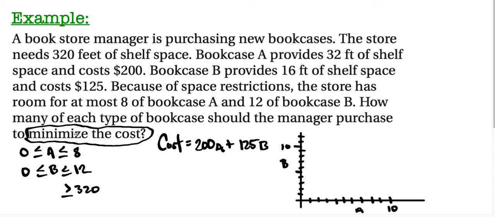Because if I can't get 320 square feet of space, it's kind of useless for this problem, and having more would be okay. And let's see, bookcase A is 32 square feet per, so this is going to be 32A, and then B is 16, so plus 16B. And that's all of the information that's written in the problem. So that's all I'm going to use.